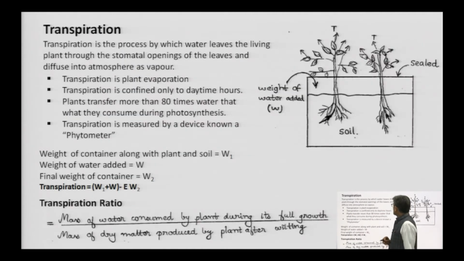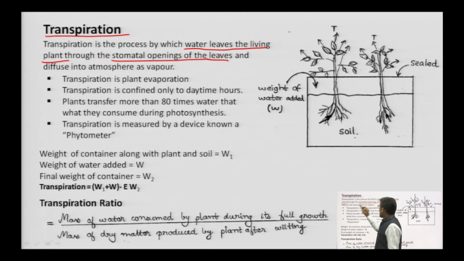Coming to the next abstraction of precipitation, that is transpiration. What is that? Transpiration is the process by which water leaves the living plant through the stomatal openings of the leaves and diffuses into the atmosphere as vapor.